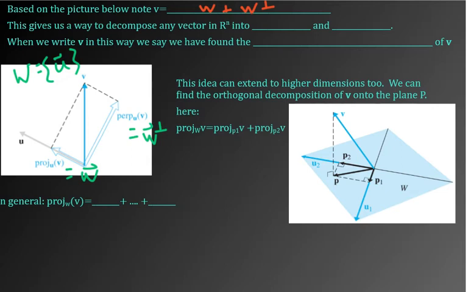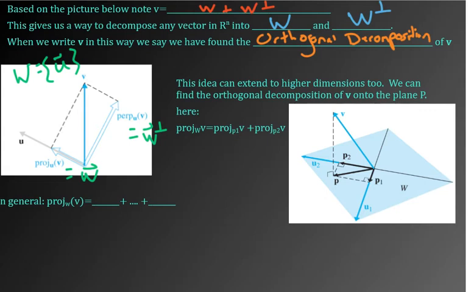This gives us a natural way to decompose really any vector into something that lives in that space W and that space W perp, okay? And this actually is a formal thing, and when we write a vector in this way, we say we have found the orthogonal decomposition of V, okay?